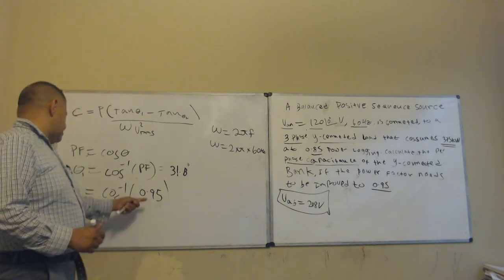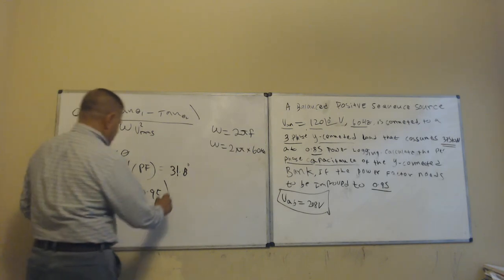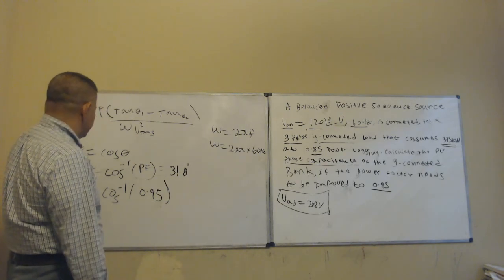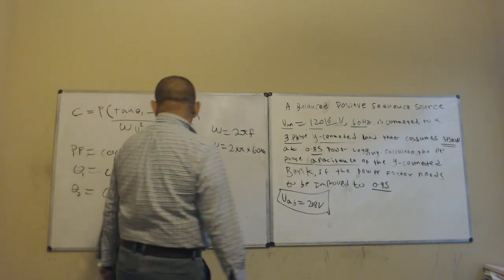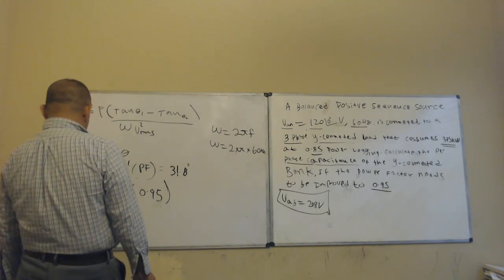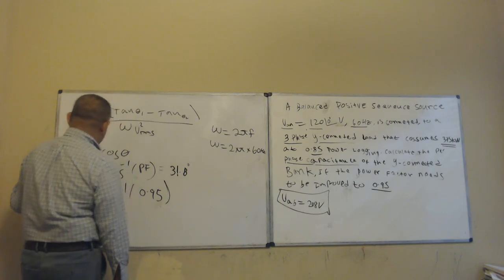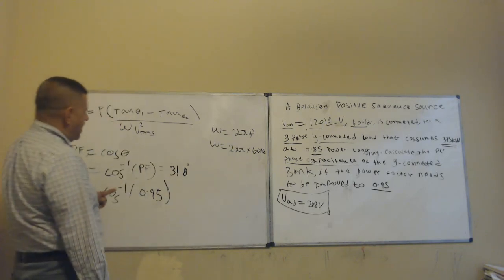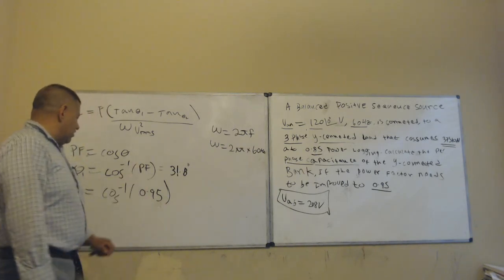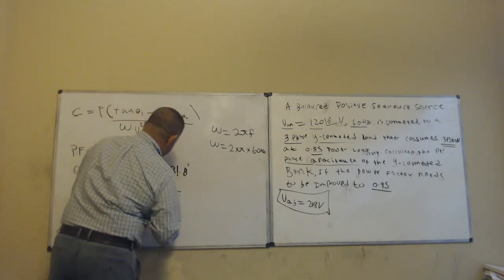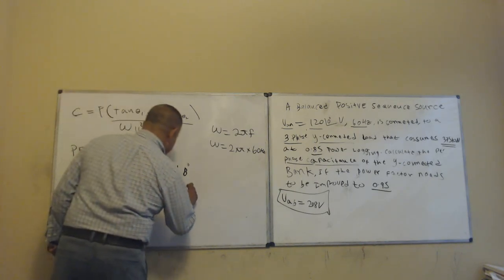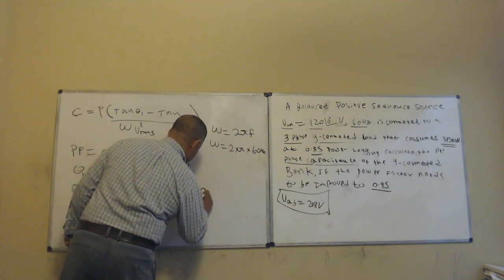See, I told you that the angle of this is going to be lower, right? Notice that over here the power factor was 85. In this, the power factor was 95. Just by increasing the power factor, the angle reduced down almost a half. So this one is 18.2 degrees.